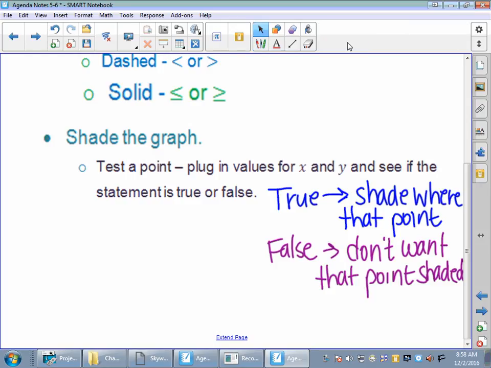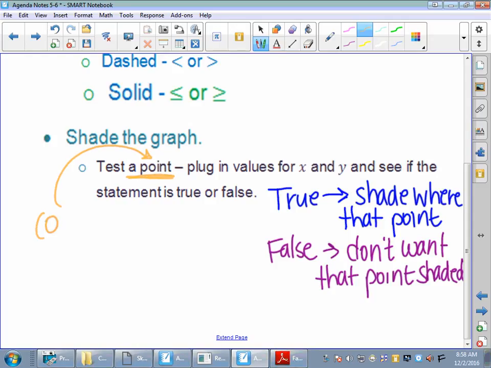The other thing that I need to say is when we test a point, the easiest point to test is the origin. So I always use 0, 0 unless it's on my line. Then I have to pick something else like 1, 1 or 1, 0 or something like that.